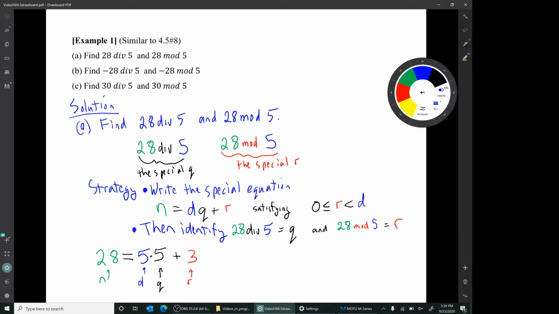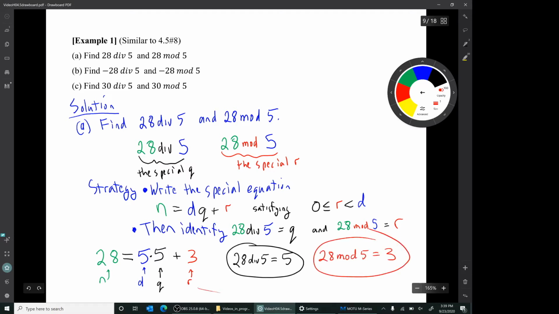And so we just simply identify our q and we identify our r. Those are what are being asked for. So whatever number turns out to be the q, that's the value of 28 div 5. And whatever number turns out to be the r, that's the 28 mod 5.